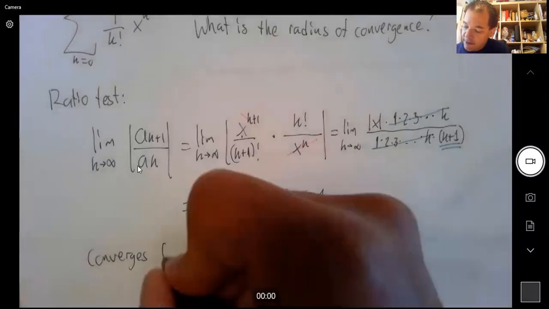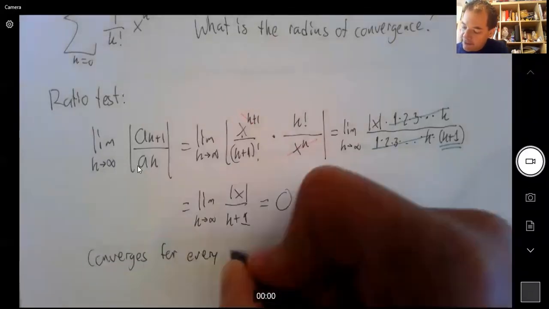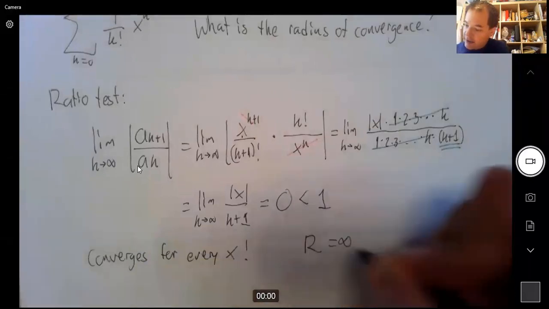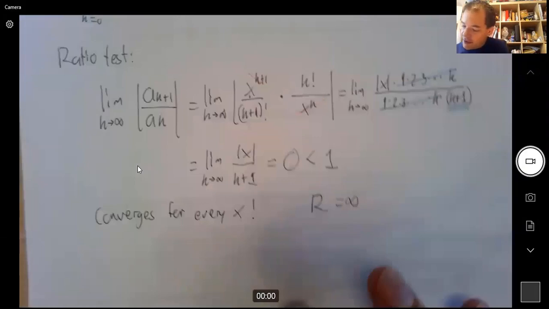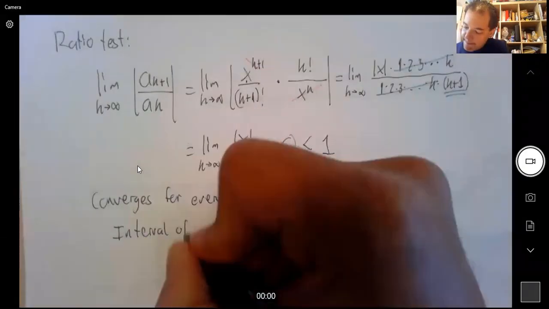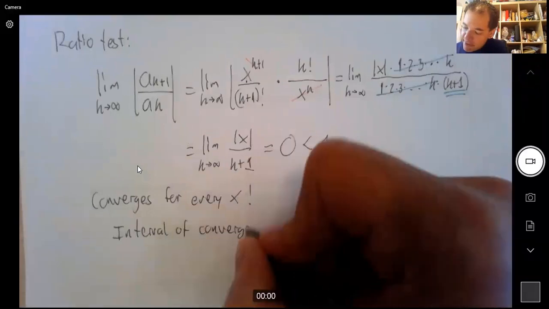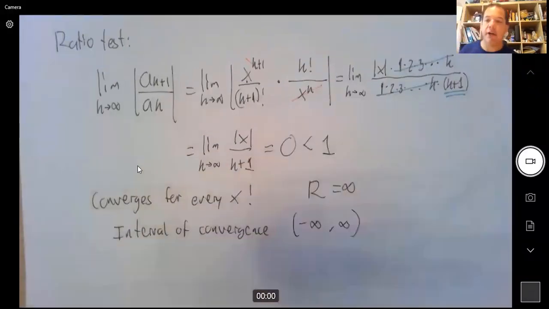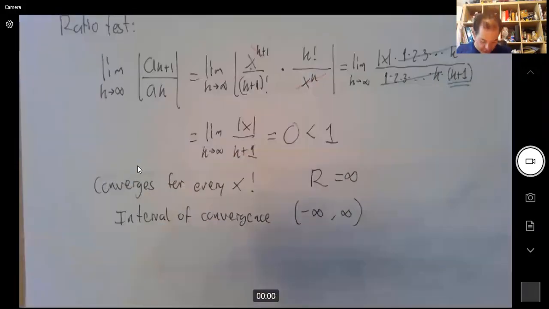So R is infinity, and that means the interval of convergence is from negative infinity to infinity. All right, great. So we're done with part B.